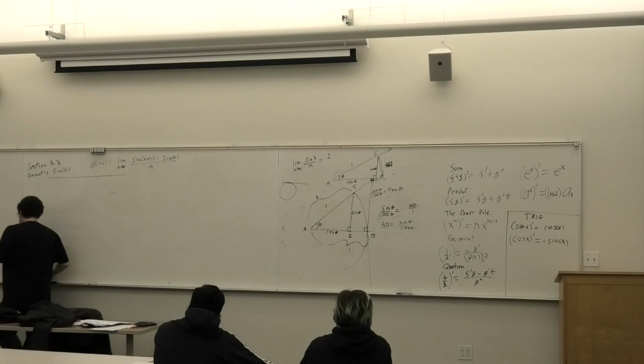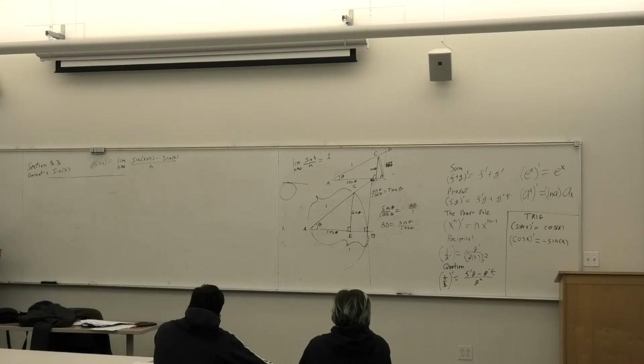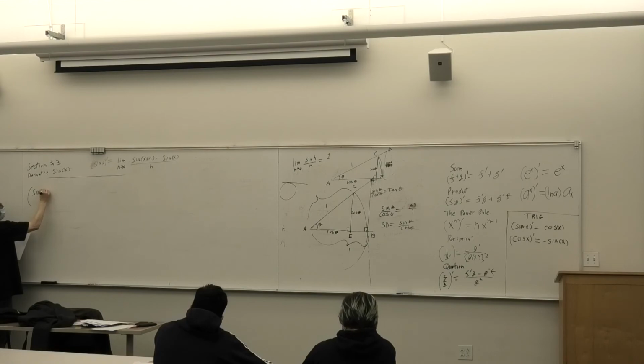We can just use our newly found quotient rule. So if we want to find the derivative of the tangent, that's the sine over the cosine.